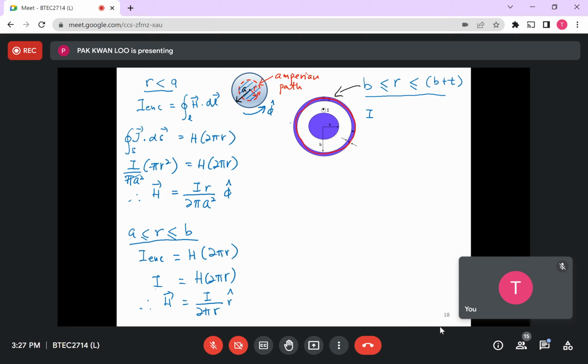And also partially, let's say my Amperian circle is R, within the outer conductor, within the thickness of the outer conductor. So it's going to be what now?